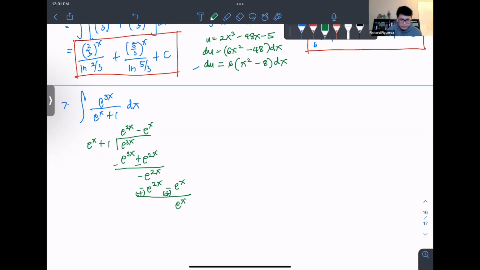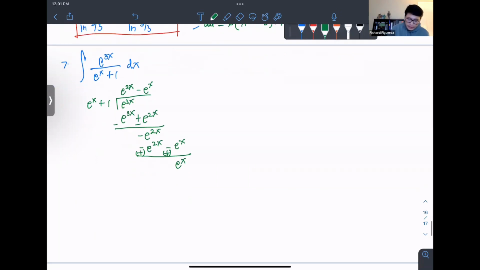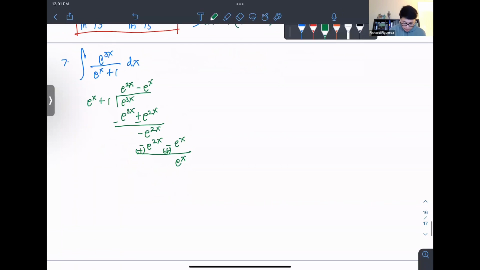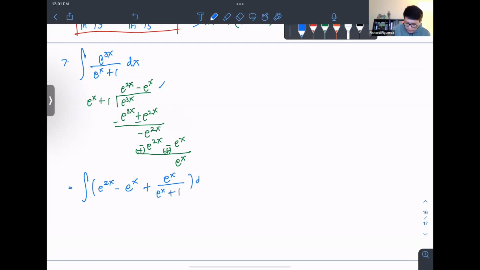I'll stop here because they have the same e raised to x. So for the quotient, e raised to 2x minus e raised to x, plus the remainder, which is e raised to x over the divisor, e raised to x plus 1 dx.